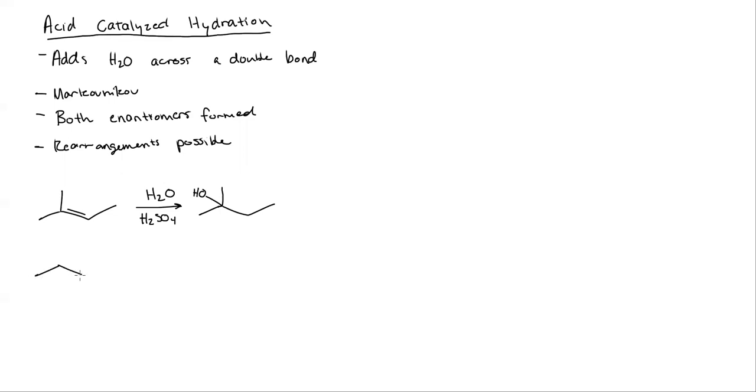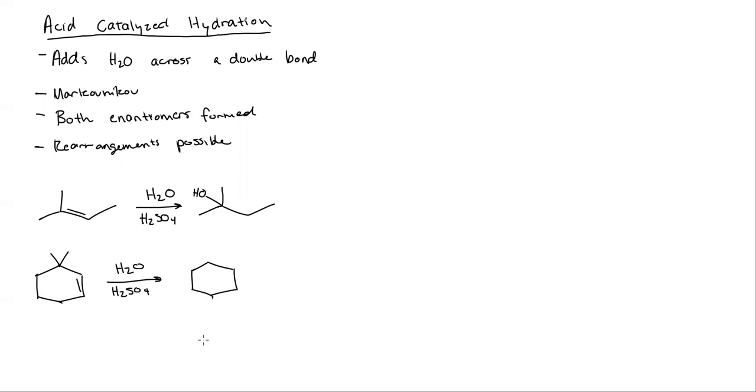I can get rearrangements as well, is what I wanted to say. So if I have two methyls there and my double bond there, and then I add in water over H2SO4, then I get a methyl shift, right?